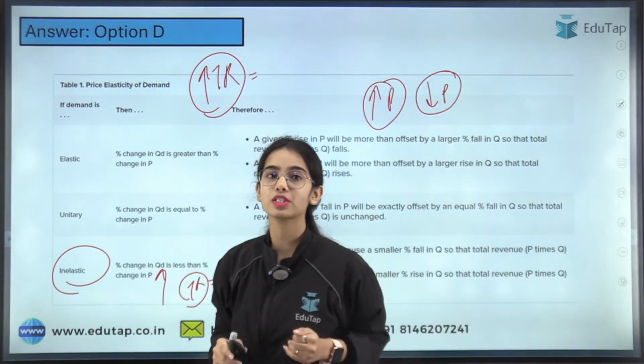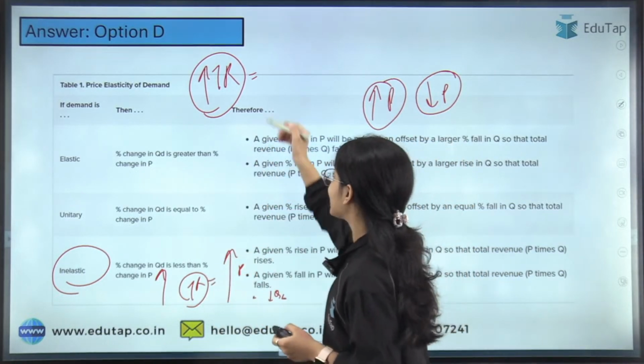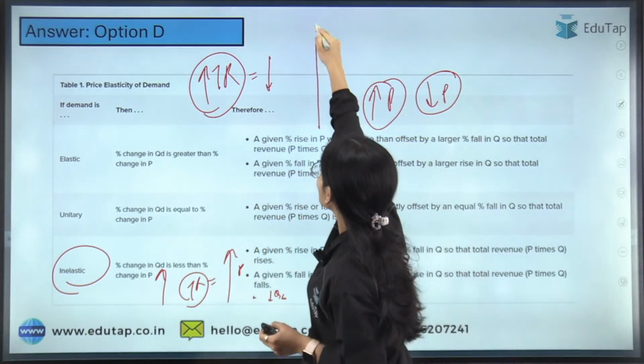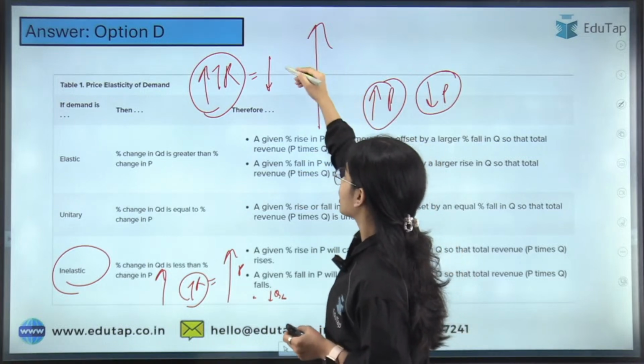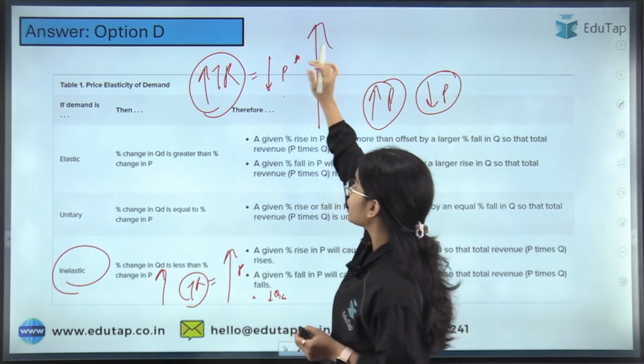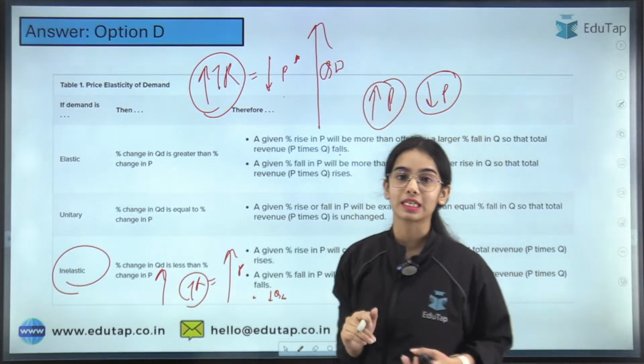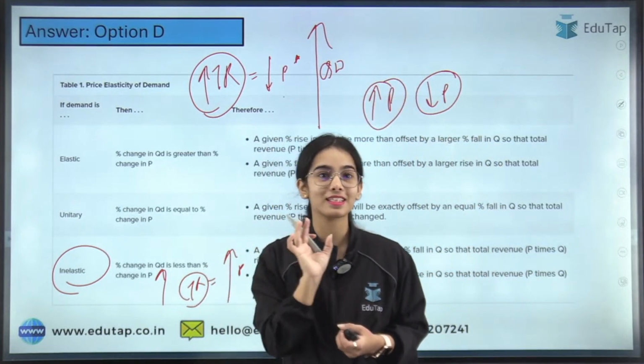So will you increase the price or decrease the price? You will decrease the price, because with a small percentage decrease in price, there is a huge increase in quantity demanded. So price is decreasing by a little only, but the quantity demanded is increasing by a lot. So your total revenue will increase by a lot. Yes, decrease in price. Okay.